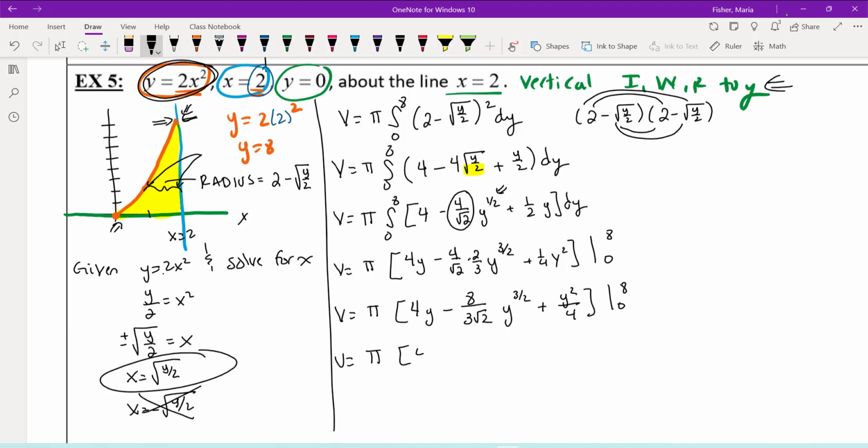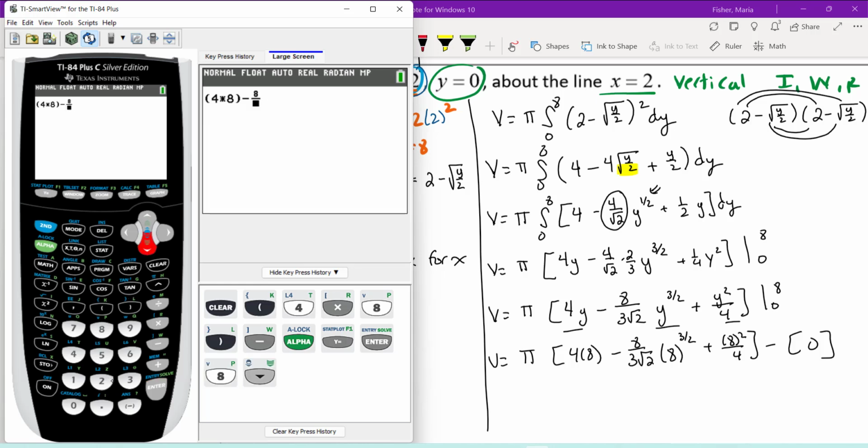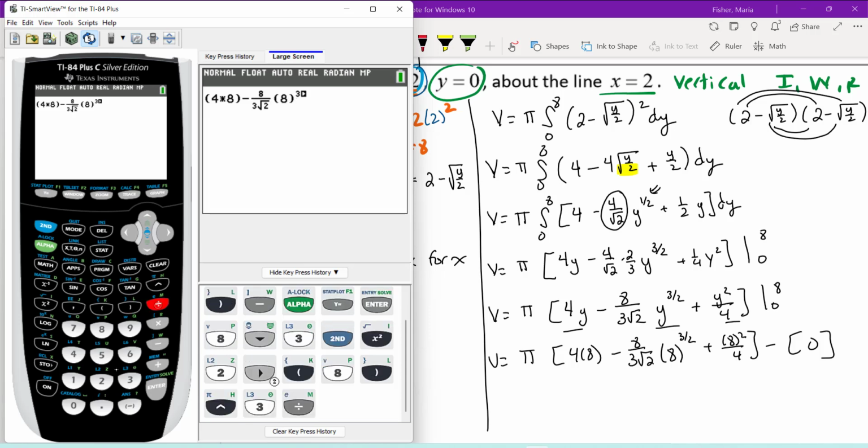Plugging in those limits of integration, we have 4 times 8 minus 8 over 3 square roots of 2 times 8 raised to the 3/2 plus 8 squared over 4. And then minus, if I plug in a 0 and all these y's, that's just going to be a 0. So let's put that into a calculator. We have 4 times 8, and then minus, and I'll do alpha y equals for a numerator and denominator, and that's going to be 8 over 3 times the square root of 2, and then that's going to be multiplied by 8 raised to the 3/2 power.